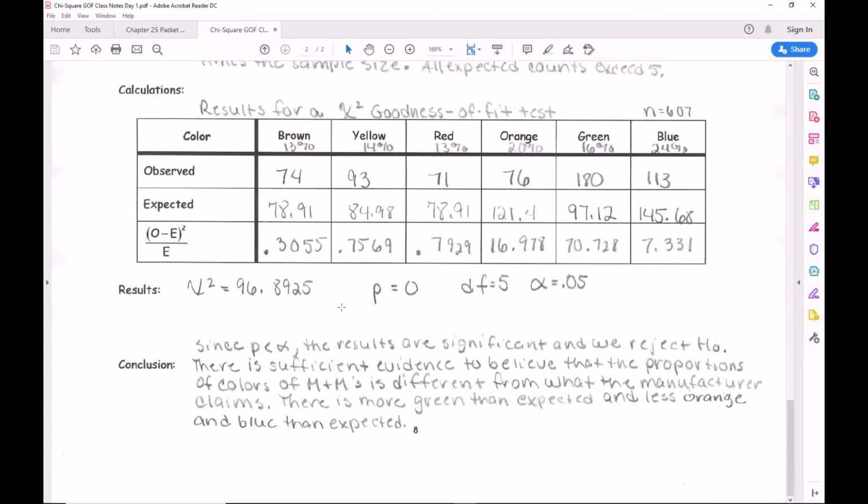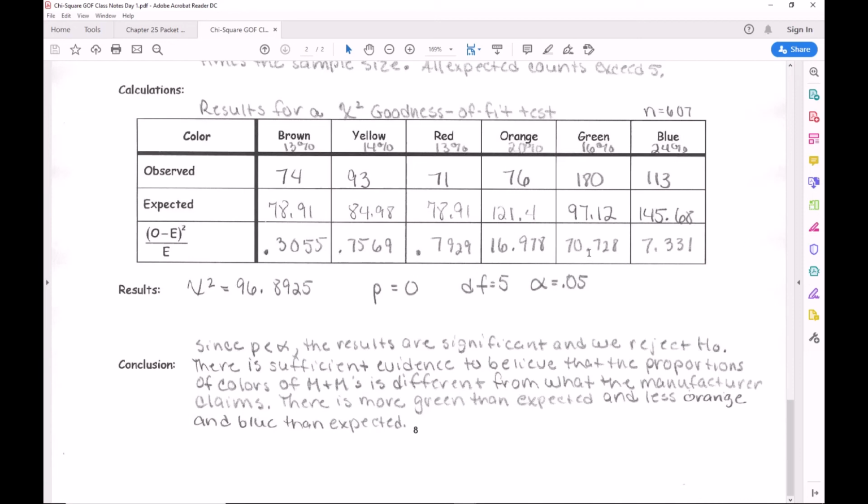Okay, so we rejected H0 and we said that, yeah, these proportions seem to differ from what the advertiser or the manufacturer advertises them to be. So I think to walk away from this at this point would be to leave your reader kind of wondering, like they want more. So what we need to do is just go back into our table and find the 2 or 3 biggest discrepancies, because all these numbers are discrepancies.